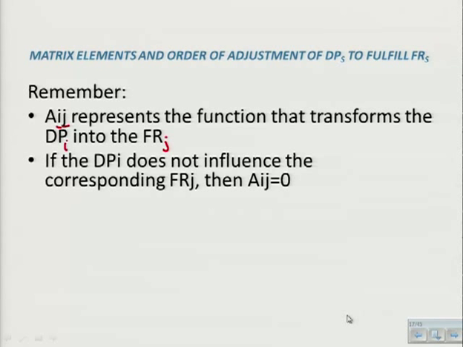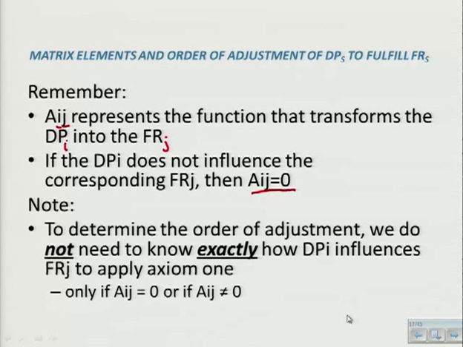Then Aij equals 0, and as I said, we do not need to know exactly how this influence happens, although it could be useful. But in order to figure out the order of adjustment, this is all we need to know. Is it 0 or is it not? Is there an influence there or isn't there?